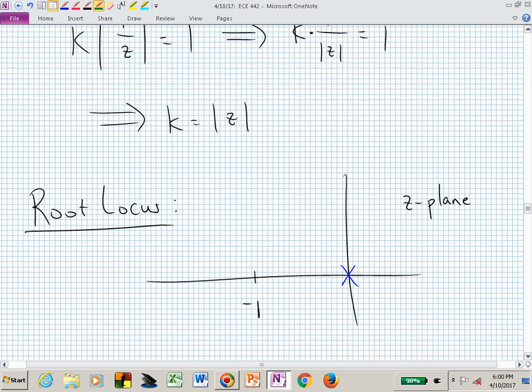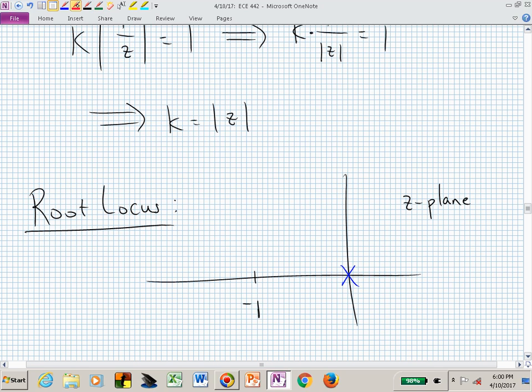Is the half of the real line between 0 and plus infinity on the root locus? If I'm standing at 1, do I see any poles and zeros to my right? No. What if I'm standing at minus 1? Do I see any poles and zeros to my right? Yes. Do I see even or odd numbers? Odd.